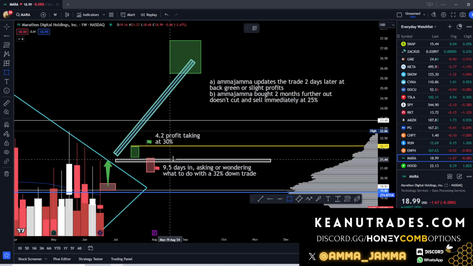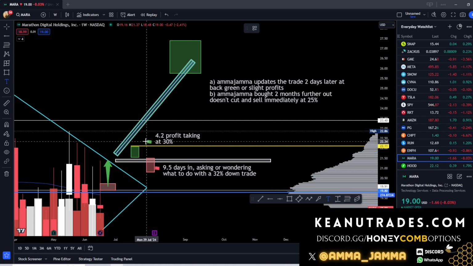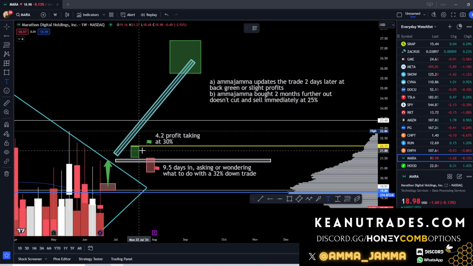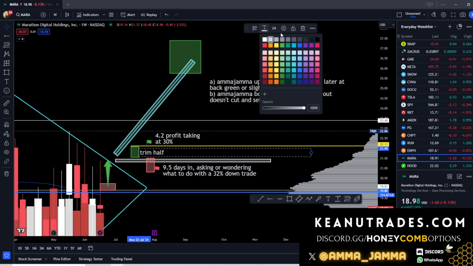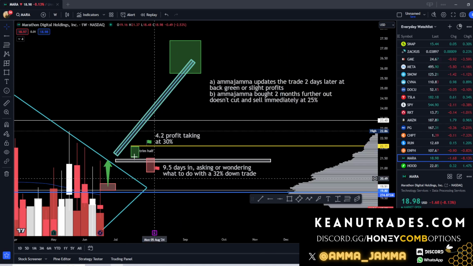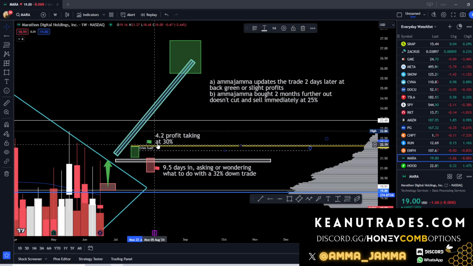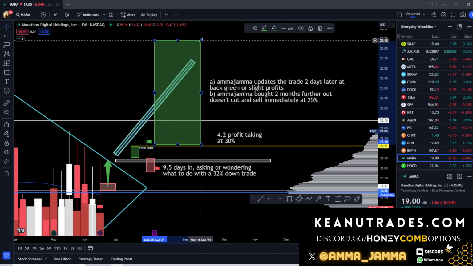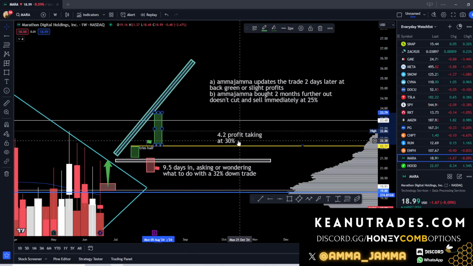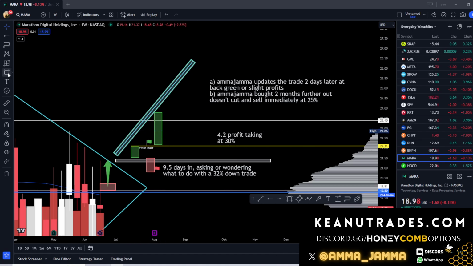All right? Worried about, I might take, here's me. I might take, at this green right here, I might trim a third or half. I might trim half right there. Okay. But then I'm not trimming more until way up here. Here's my next trim. Way up there. All right.